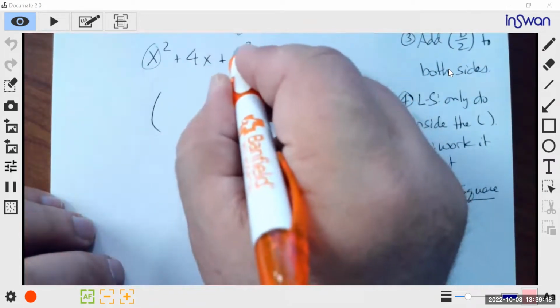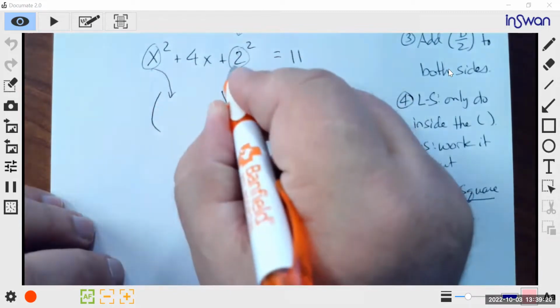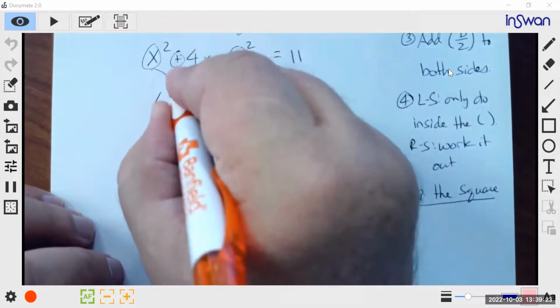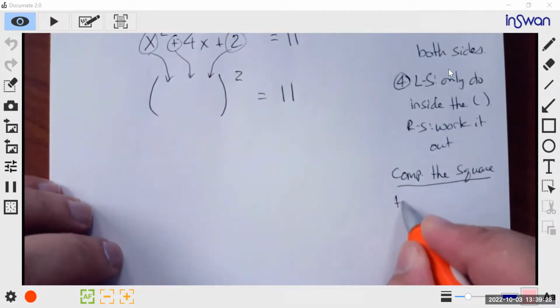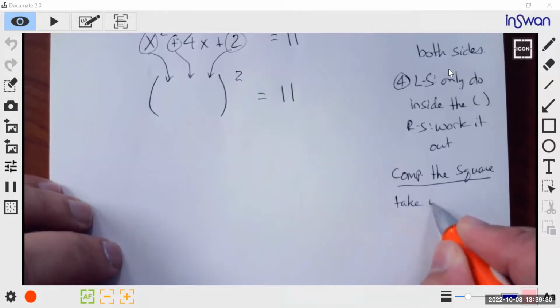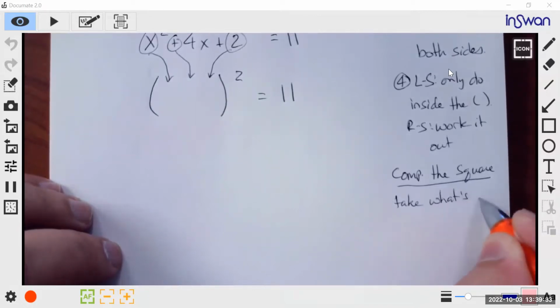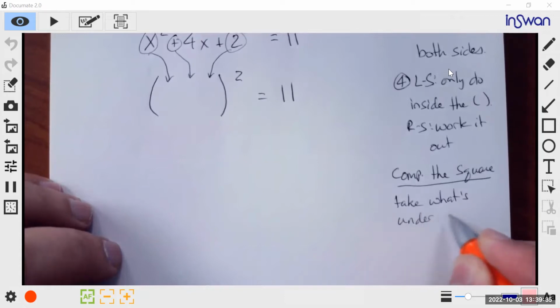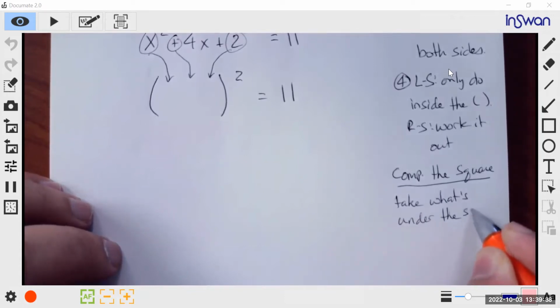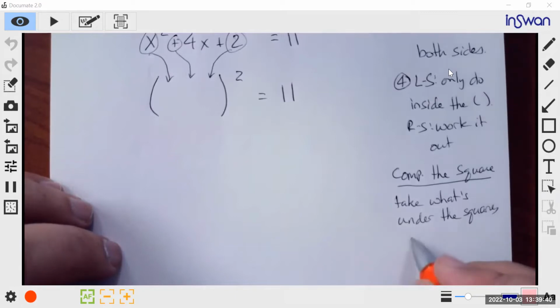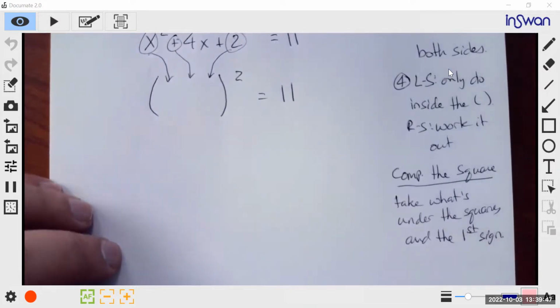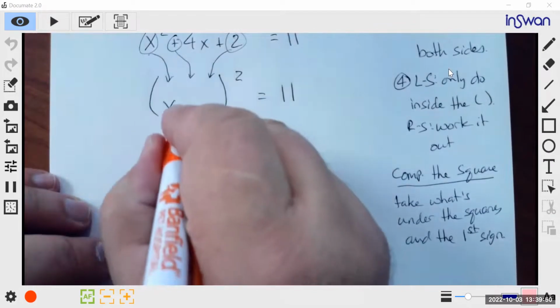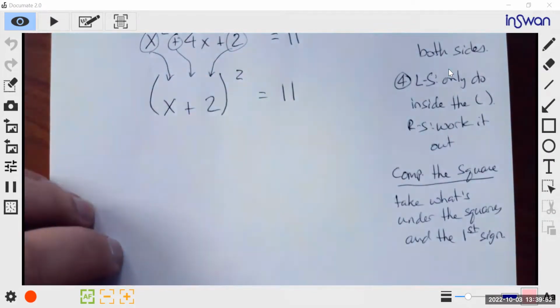Take whatever's under the squares, put them inside there, and the first sign. So it's x plus 2 squared.